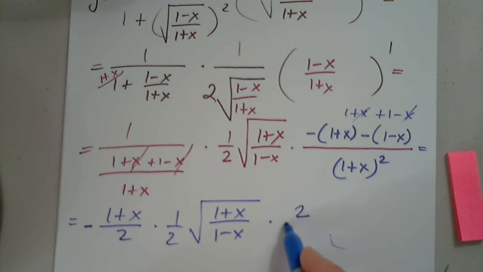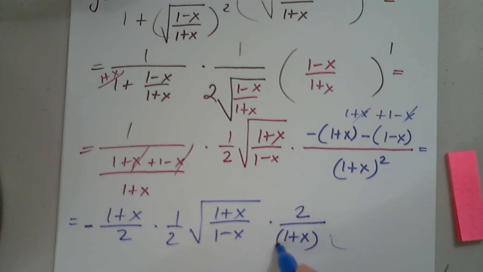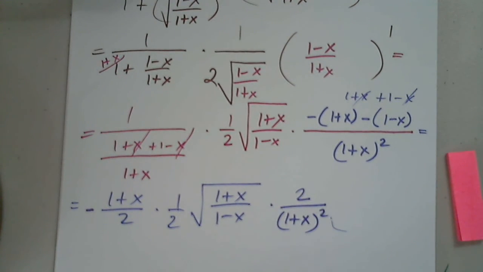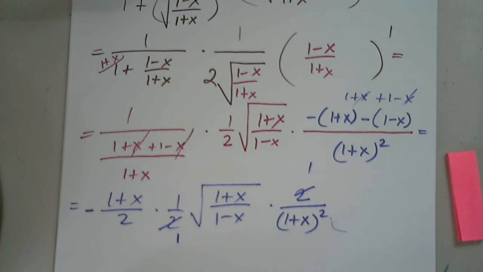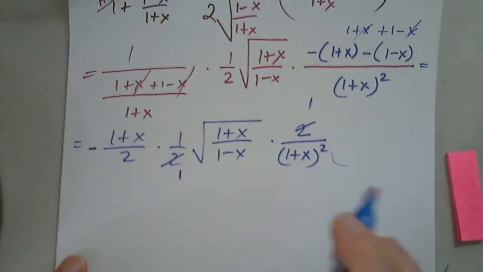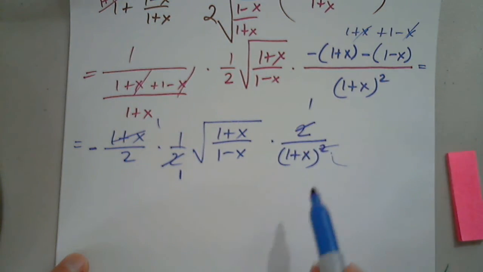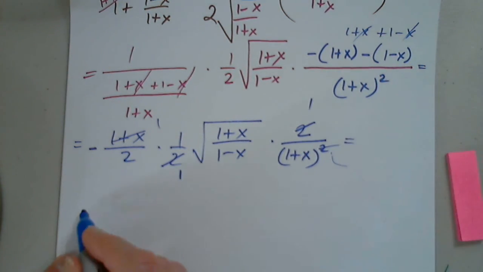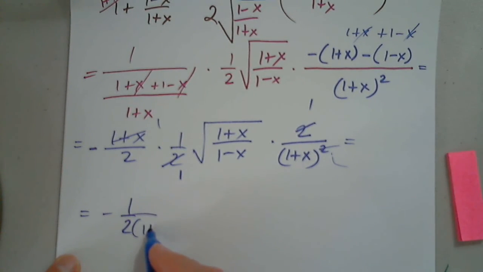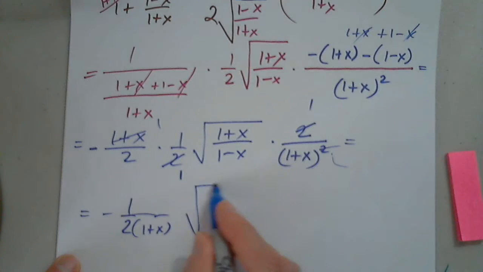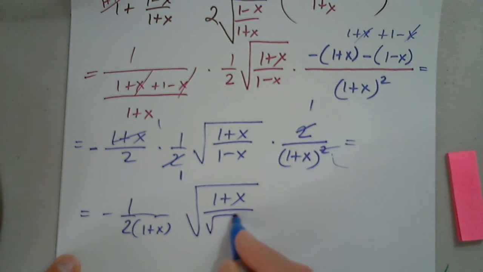So it's 2 over 1 plus x squared. This will simplify with this. This will simplify with one of these. And I have negative 1/2. Maybe I should put this in the denominator. And the square root of 1 plus x over the square root of 1 minus... Oh!